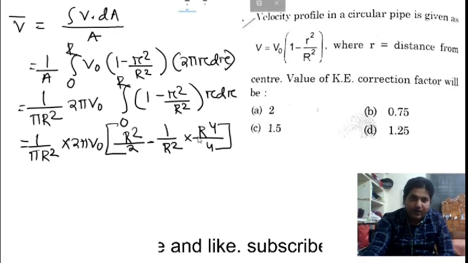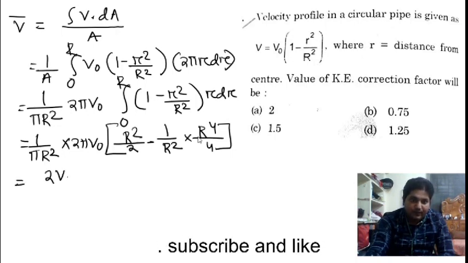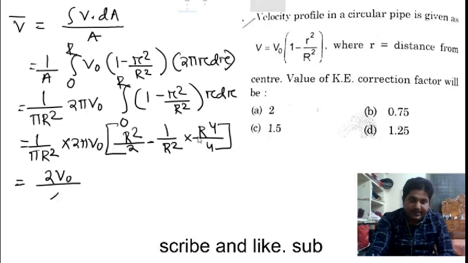Now if you solve this, it comes out to be 2 v naught divided by 4.